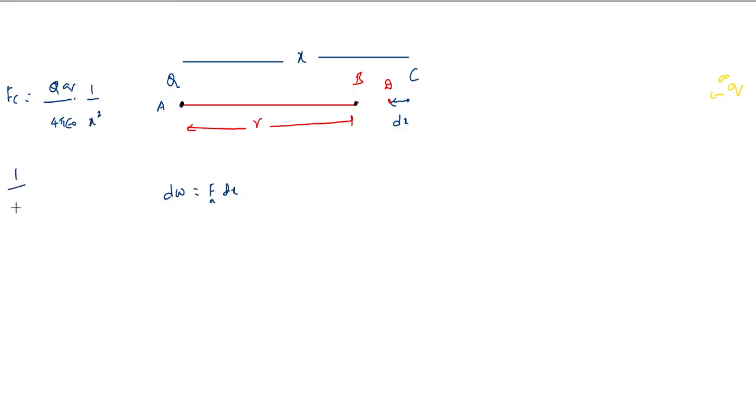But recall that 1 by 4 pi epsilon naught is equal to k. So therefore the Coulomb force is equal to k capital Q small q by x square. So the force we apply here, this applied force should be at least equal to the Coulomb force.